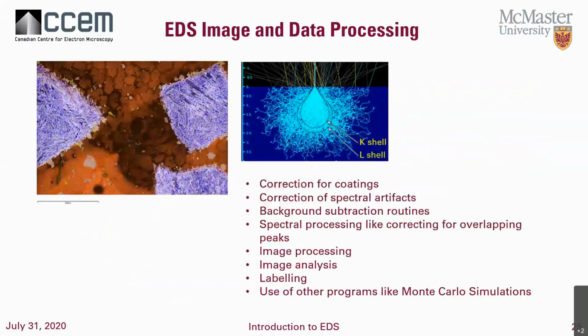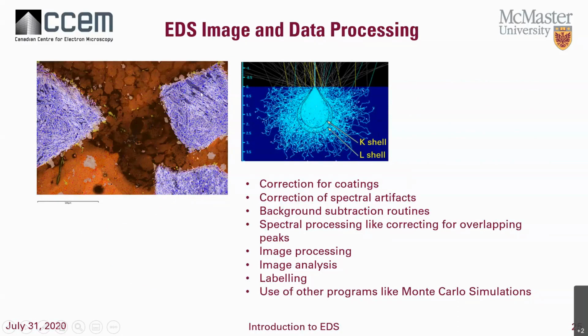So coming to the end here, we'll probably stay a little bit over time to do some questions. Just going to mention that there's a lot of other processing you can do. The map that I showed originally, we've actually overlaid the different X-ray maps.